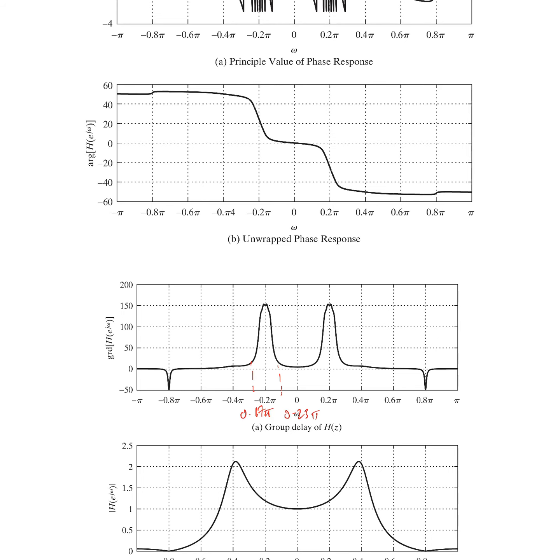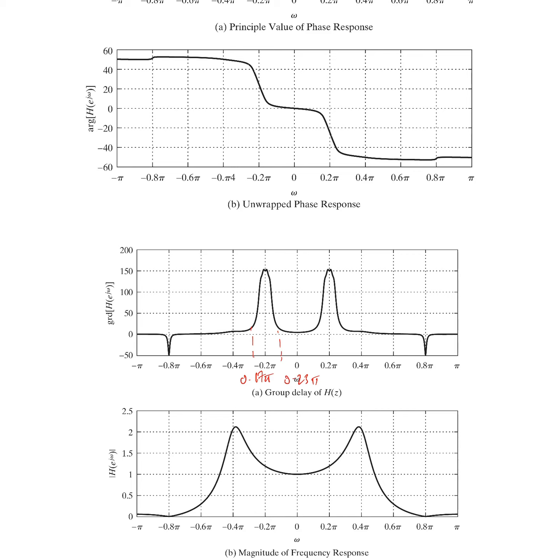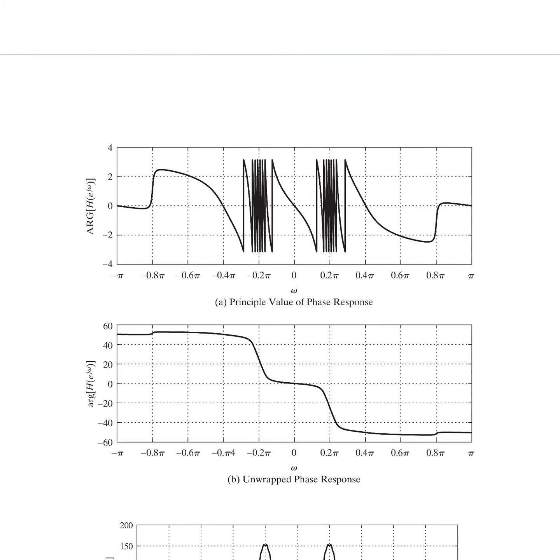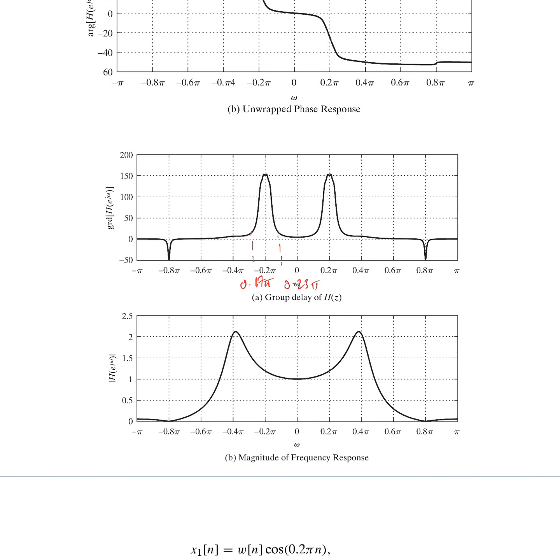Now talking about the magnitude response. As said above, since H2(z) represents an all-pass filter, the magnitude response, whatever you are seeing here, is entirely controlled by the poles and zeros of H1(z). We had seen from the pole-zero plot that at this location the magnitude response reaches zero, and at these positions you would see a large magnitude, and this is what is happening here.